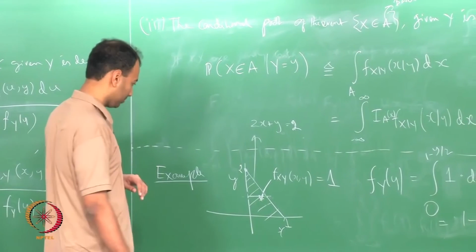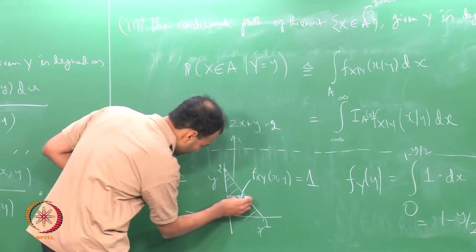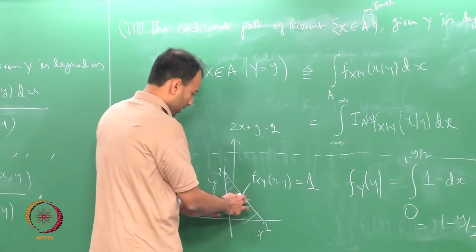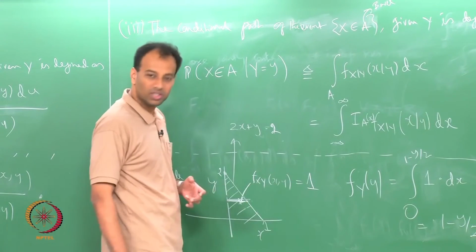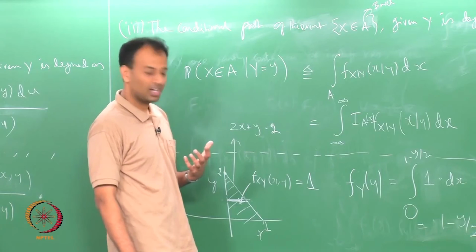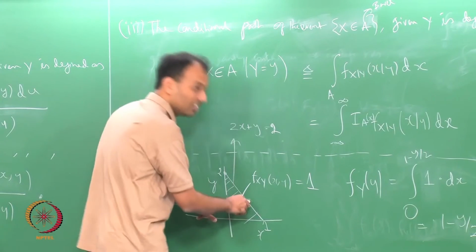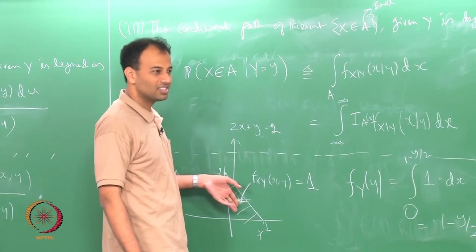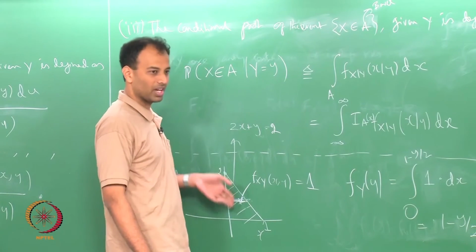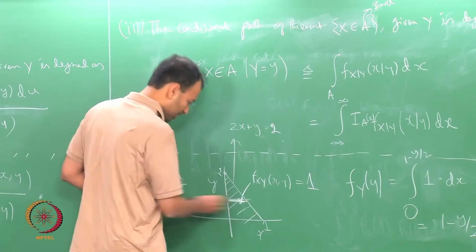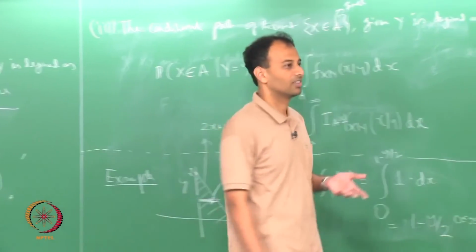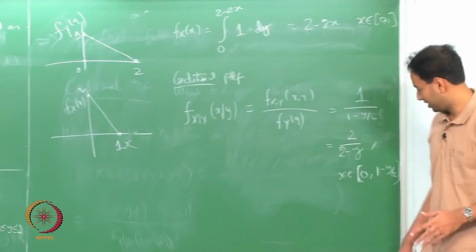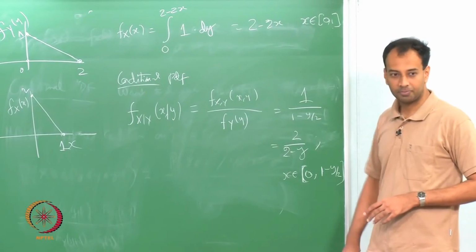What this is saying is if you fix a little y plus delta and look at how x is distributed, it is in fact uniform, and that makes sense because in that little strip, the original joint PDF f_{XY} is constant. So, you expect it to be constant, except you have to know what constant it is, and it is that constant.